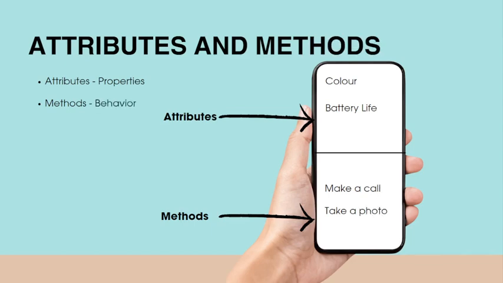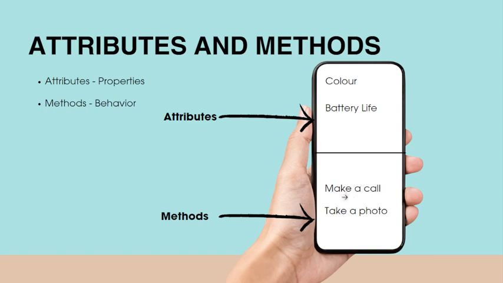So now let's see what these attributes and methods are. Earlier we discussed that in this mobile phone template there are properties such as color, battery life, and cost. This template has these properties, but when we use a class in Java, we call them attributes.